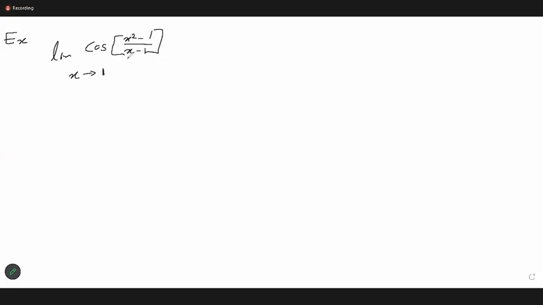So in limit, we can use this technique to solve these kinds of problems when the functions are compositions of a trig function and another function. That means it doesn't matter, we can bring the limit inside this function, right? So first I write the thing.